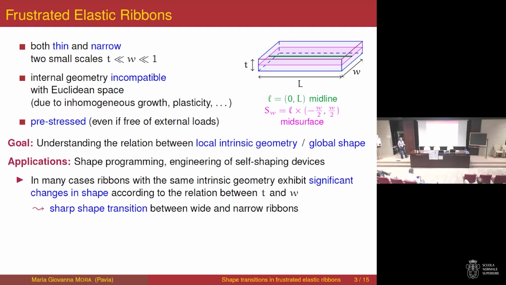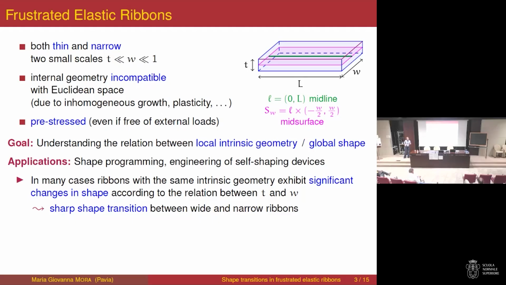Ribbons are particularly interesting because they have two scales. According to the relation between thickness and width, you can observe rather different shapes at equilibrium, even if the intrinsic geometry is the same.